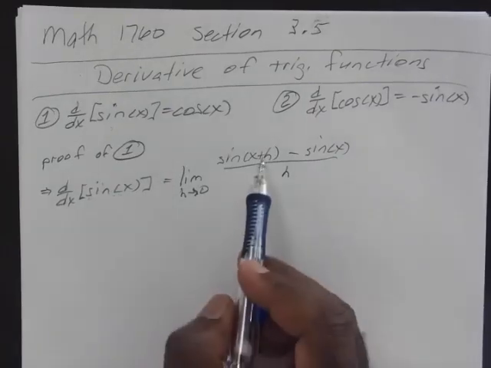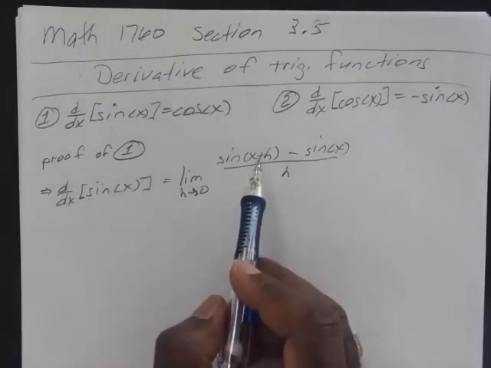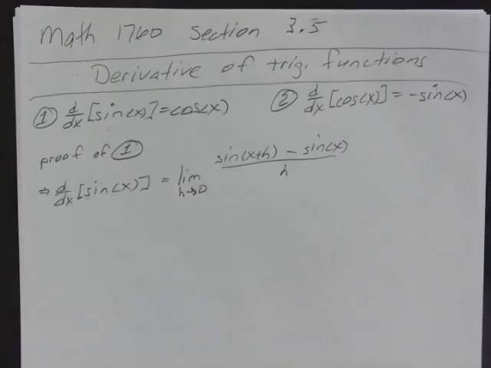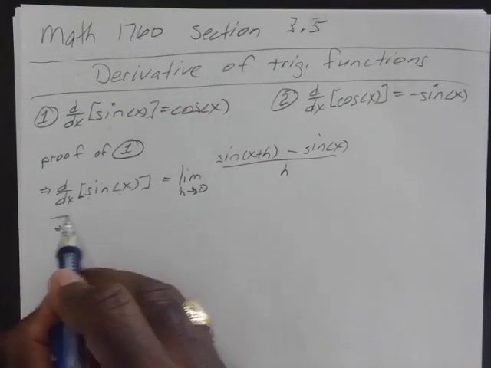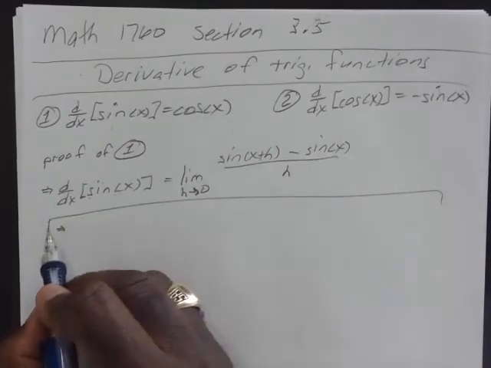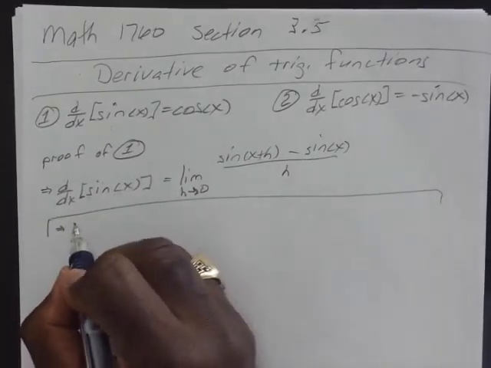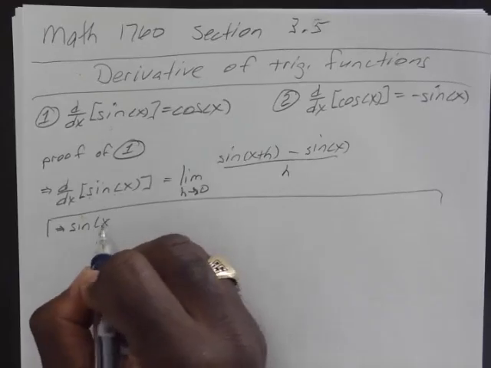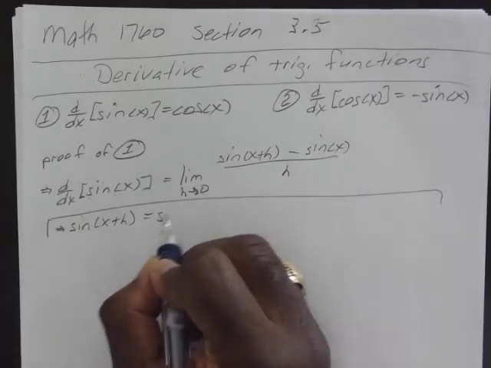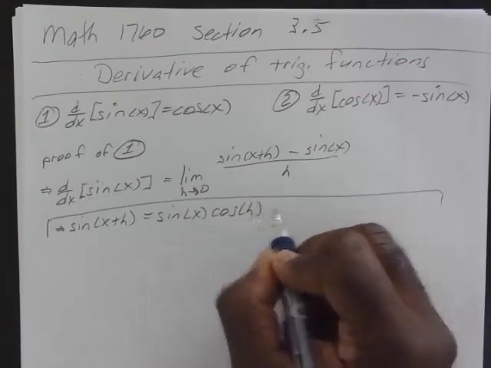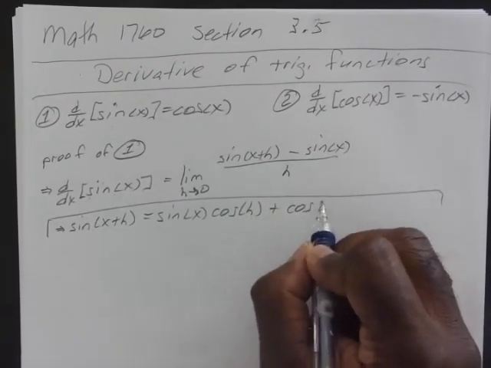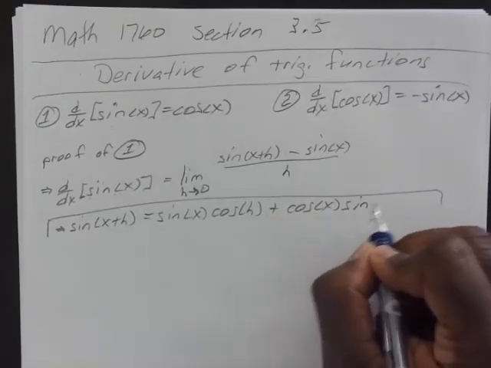Okay, now that sine of x plus h, we can convert using the sum formula from your trig identities. I'm just going to put a little box around this. That's a little side note. The sine of x plus h is equal to sine of x times cosine of h plus cosine of x times sine of h.